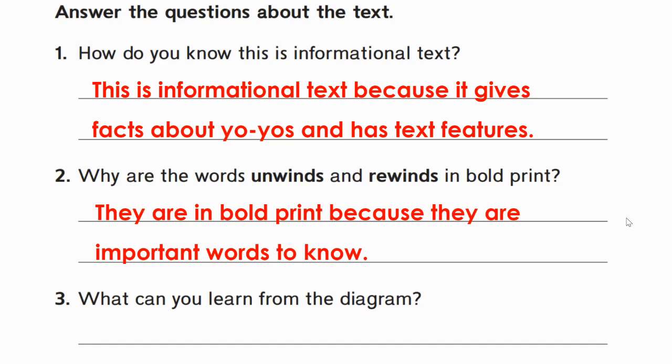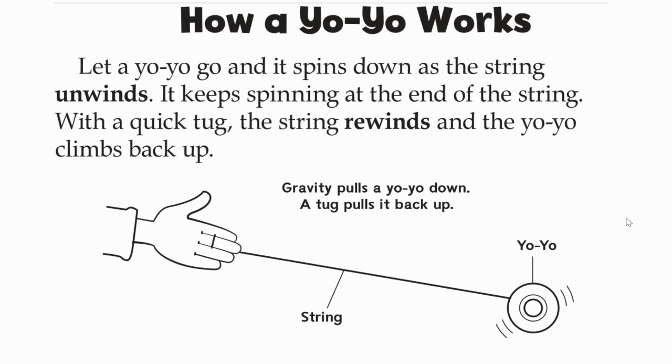What can you learn from the diagram? Well, let's go look at the diagram. What can you learn from this picture? Remember that it is a labeled picture, and there's also 2 sentences here that go along with the diagram. So what can you learn from those sentences and this picture?